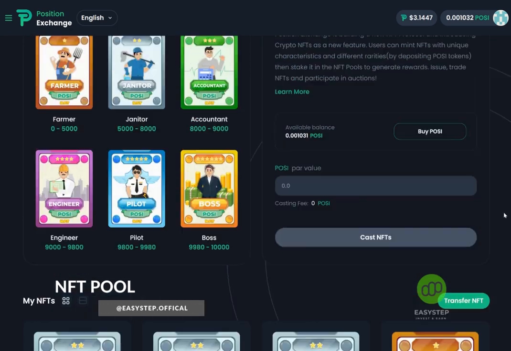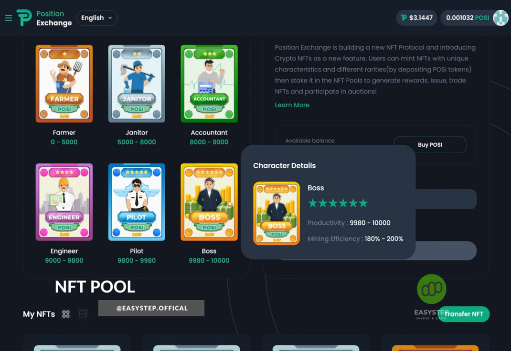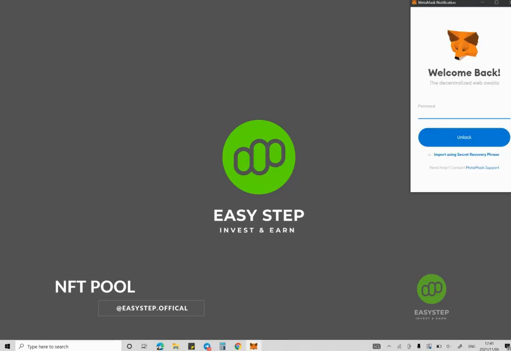So I might put in 10 POSI, and the NFT par value would be 10. But if I get a boss, the efficiency might be 180%. So that'll be 10 times 180%, which we can do now. Let's see what that would be. 10 times 180%.